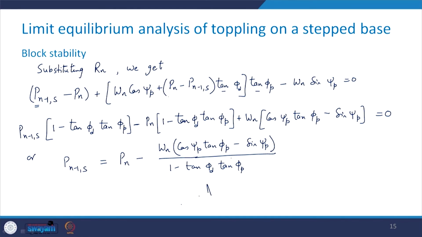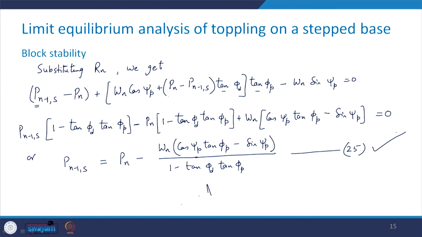So this is how we will get the Pn minus 1 for the nth block which is undergoing the sliding. Make this equation number 25.